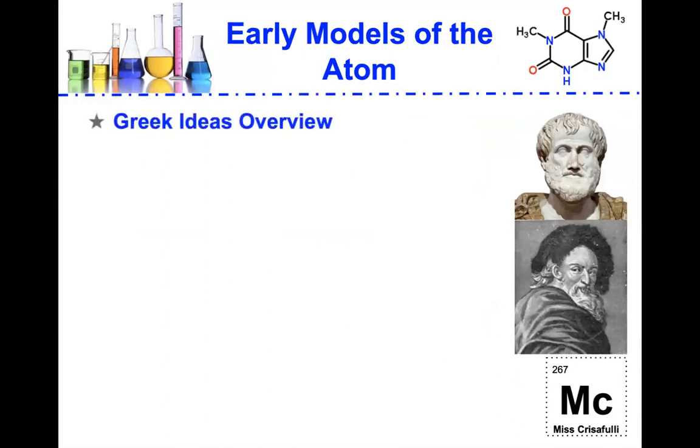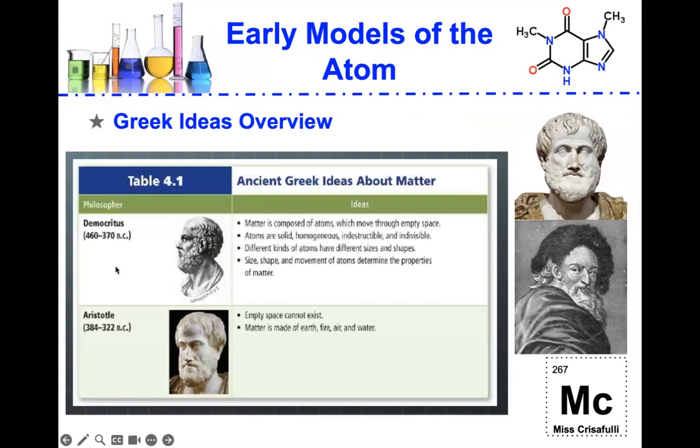So here is a little overview of these Greek ideas. Democritus, much earlier, said that matter is composed of atoms which move through empty space. Atoms are solid, homogeneous, indestructible, and indivisible.